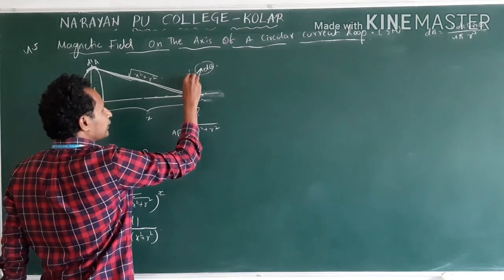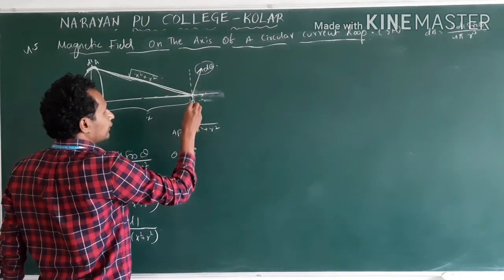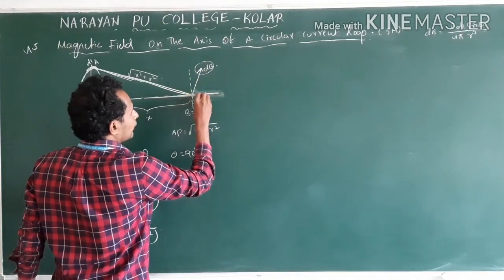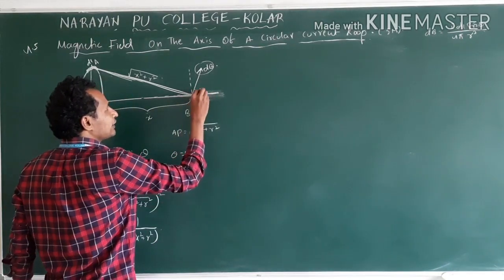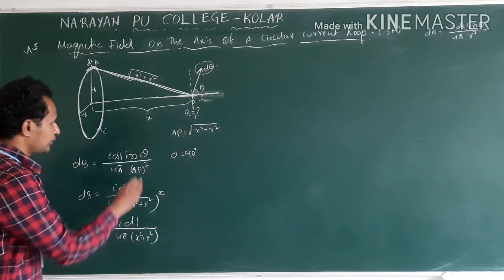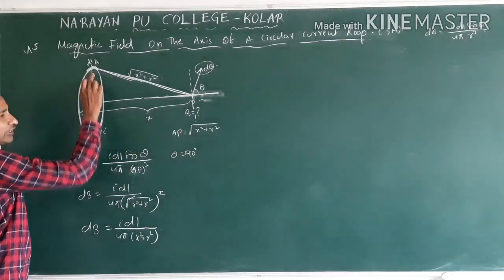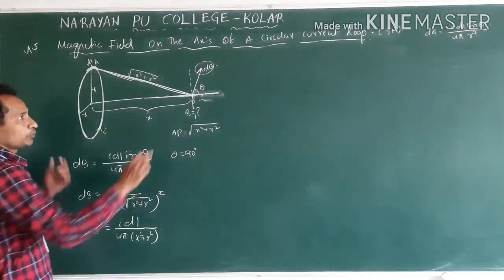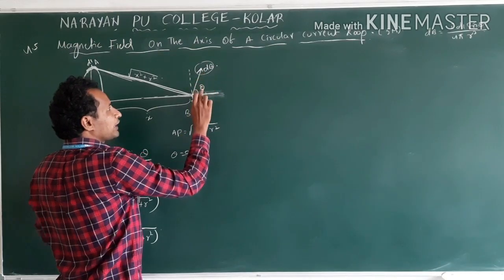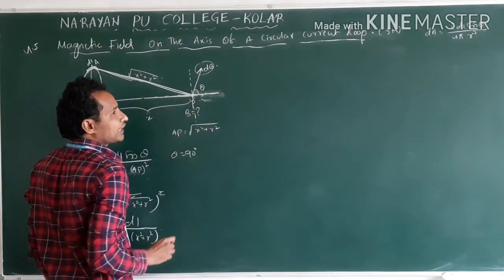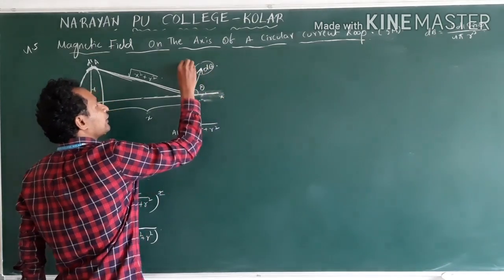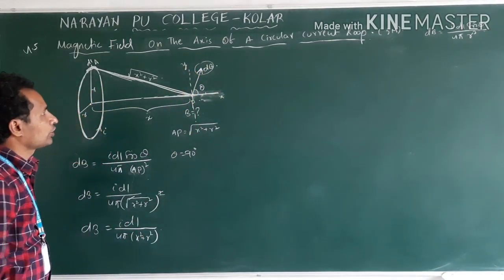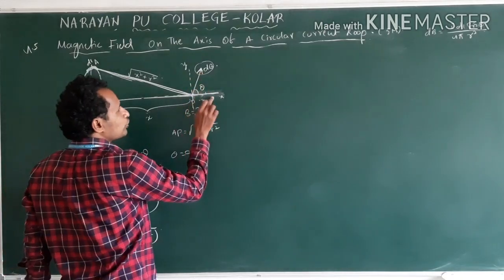So I am drawing x and y. This dB is making an angle theta here. Now here I am taking this dB making an angle theta with x axis. dB is acting between x and y. Clear? Now resolve this into two components.